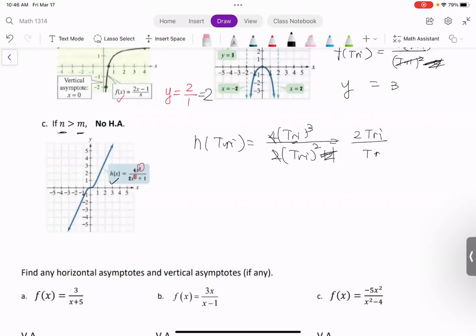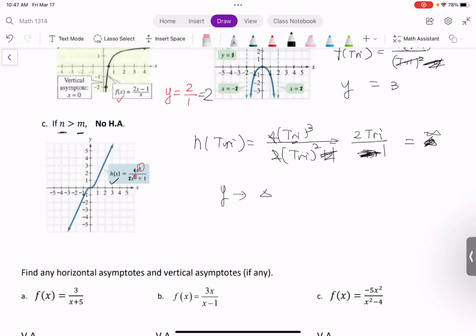I know that cubed and squared can be cancelled, so we have 1 left. The top we have 2 times trillion. That's a big number, and I cannot use a specific number to represent this y value. So there's no horizontal asymptote. If there is a horizontal asymptote, y must converge to a specific number. It's not something like infinity or 2 times infinity.